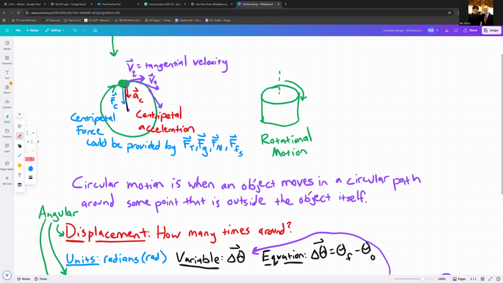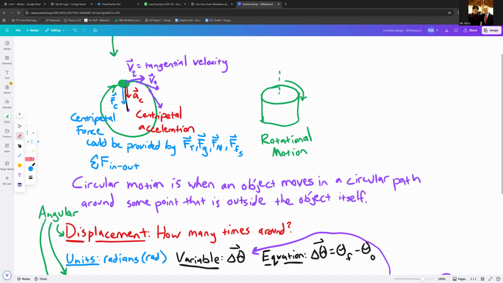So what we're actually going to identify this as is the sum of all forces acting in the in or out direction. Because if there happens to be tension pulling inwards and also gravity, we'll talk about vertical circles. If you swing something around in a vertical circle, gravity could be a factor.